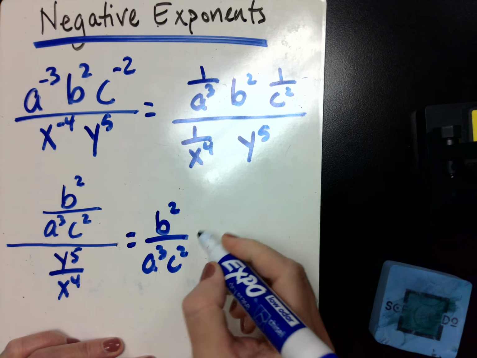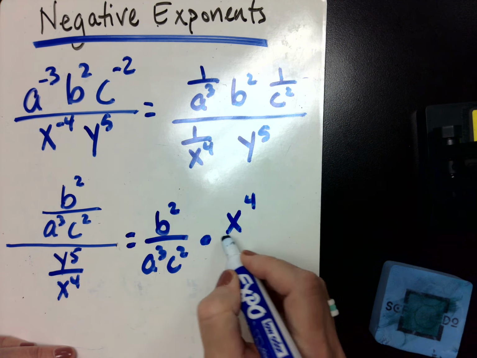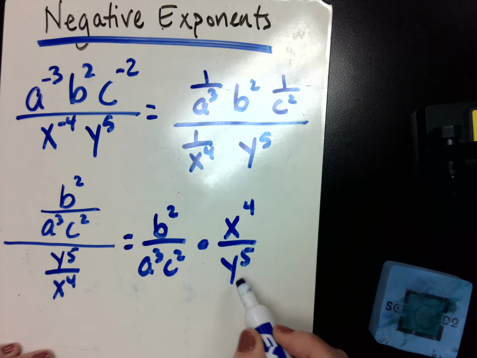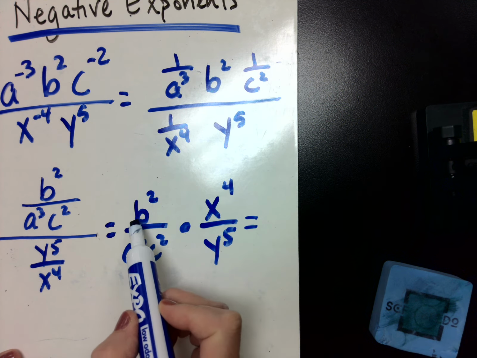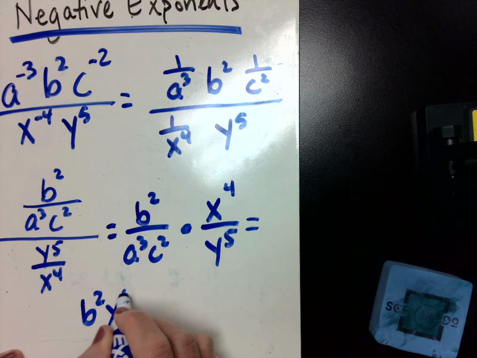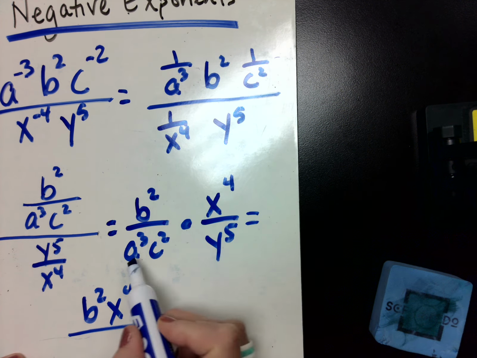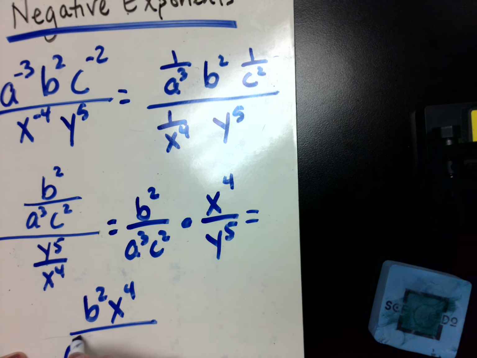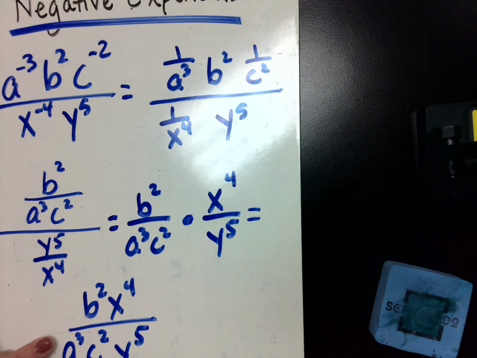So that really is multiplying by x to the fourth over y to the fifth. When you do that math, this is what your final answer looks like: b squared times x to the fourth over this, because these are all getting multiplied together and none of them have the same bases. So this is your final answer.